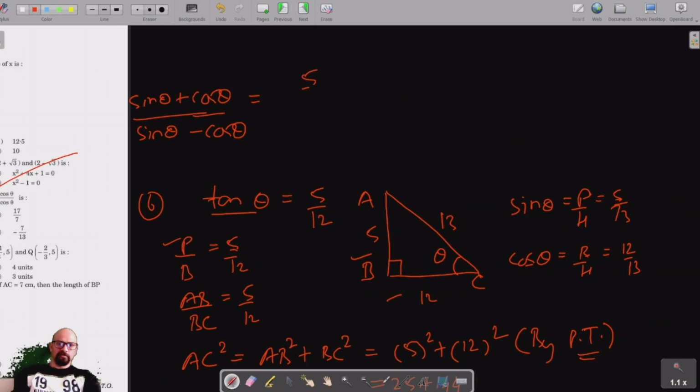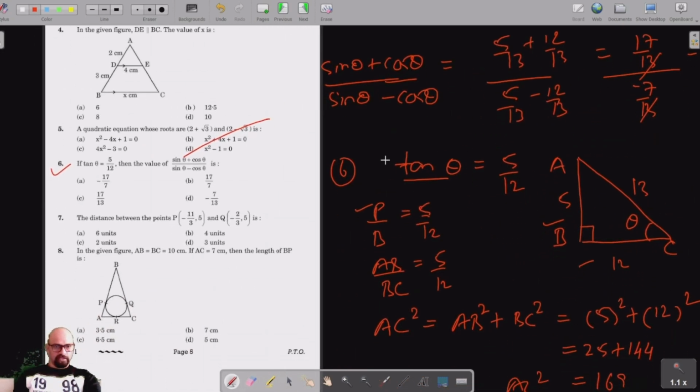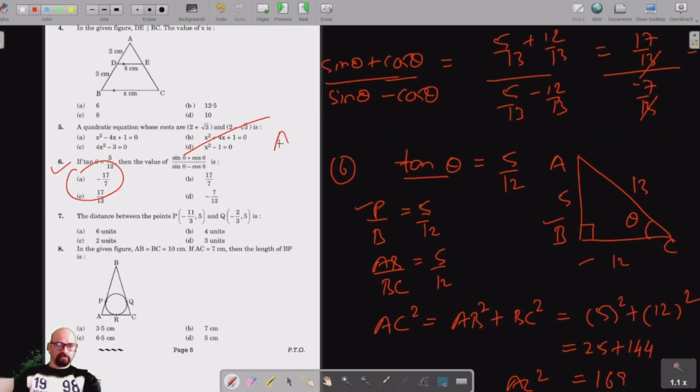So it is 5 by 13 plus 12 by 13 upon 5 by 13 minus 12 by 13. This is 17 by 13 divided by 5 minus 12, which is negative 7 by 13. The 13 gets cancelled, so this is negative 17 by 7, which is option A.